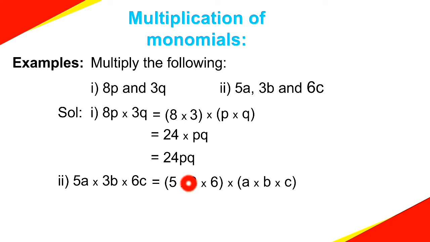Once you multiply these constant terms, 5 into 3 into 6, what we can get? That is nothing but 90 into abc. What is the result now? 90abc.